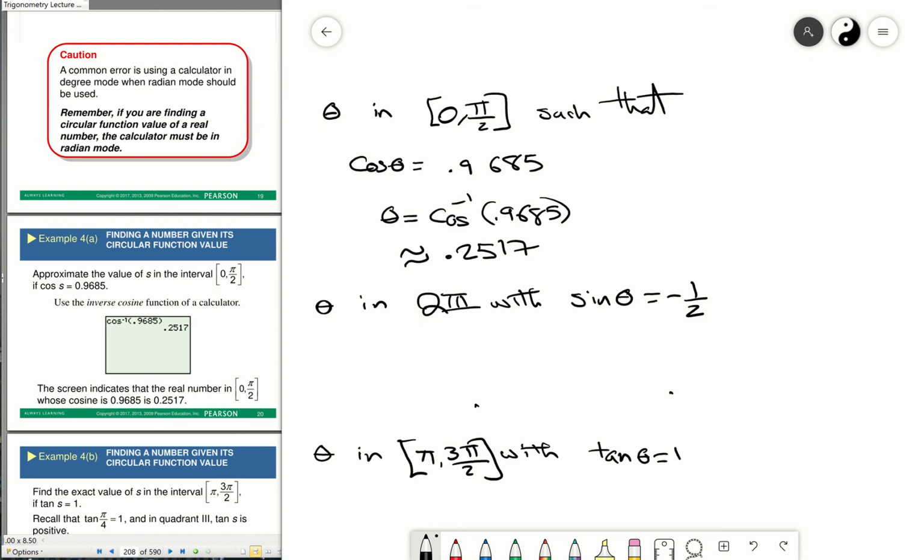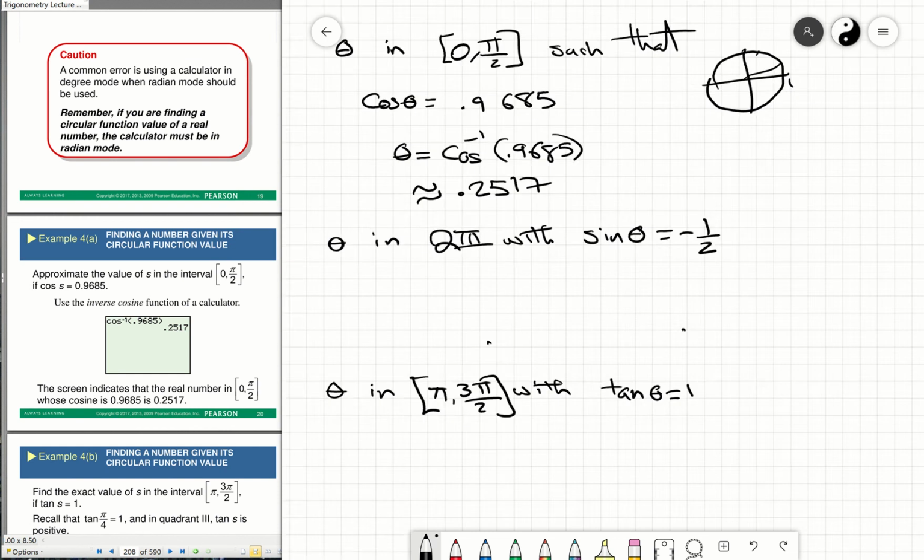So we notice that 0.2517 does in fact satisfy the requirement. If this is 1, you know that 1 is about right there, so 0.2517 is somewhere around there. Notice that does indeed satisfy the requirement that the angle that we want is between 0 and pi over 2.